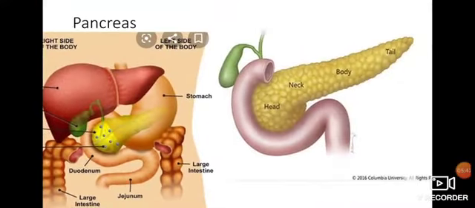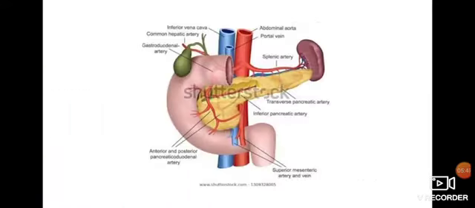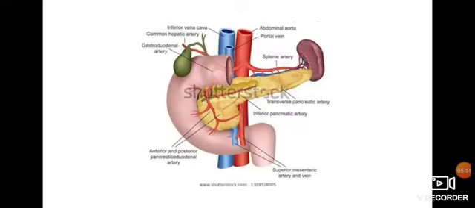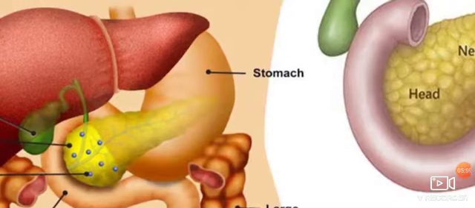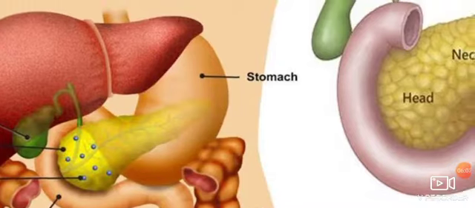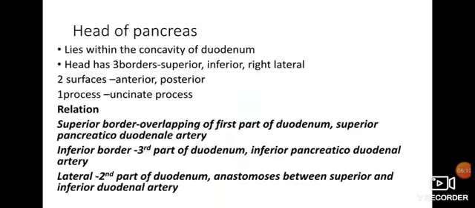Then the posterior surface of the head. The posterior surface of the head of the pancreas is related with the inferior vena cava and the bile duct. See, posteriorly the bile duct is passing. Along with the bile duct, you can see the inferior vena cava. Listen to this diagram.